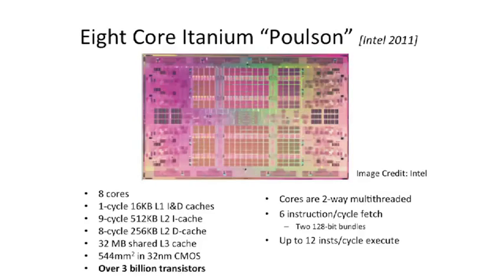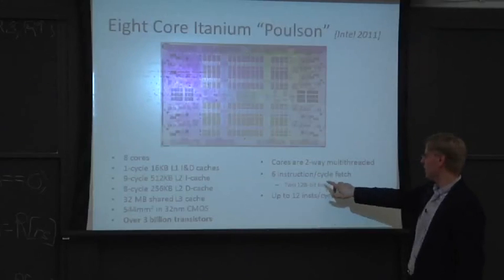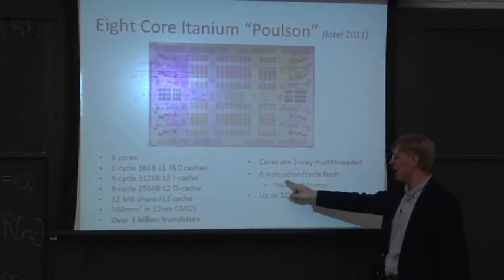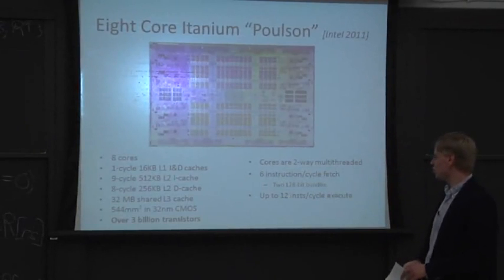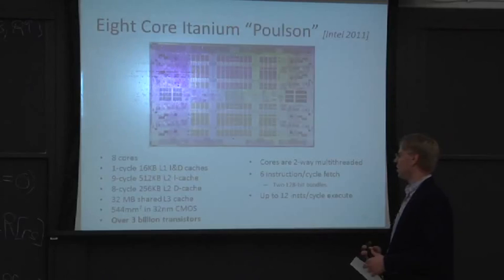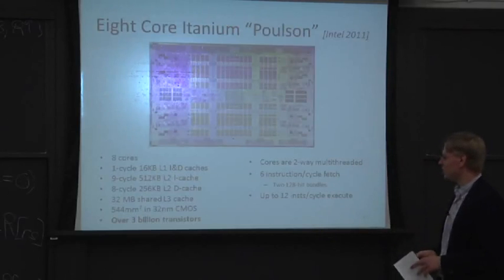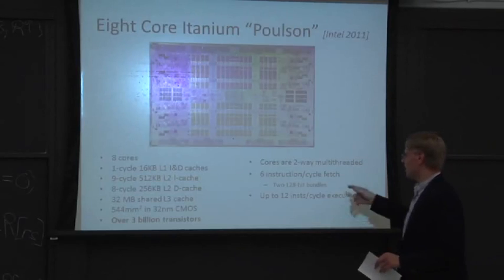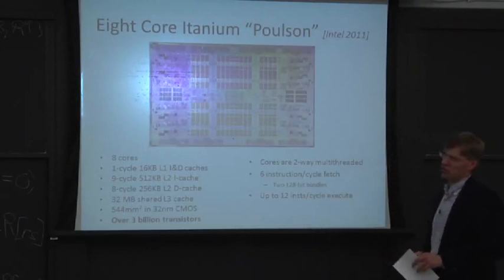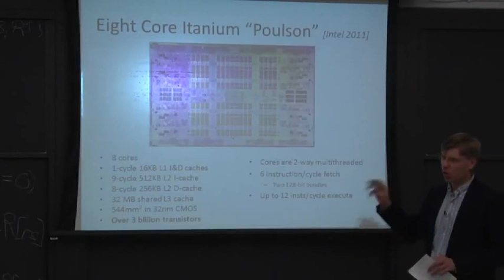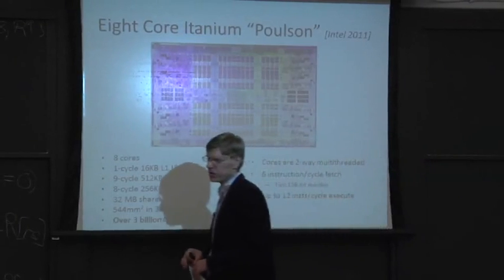But now, in 2012, standing here now, this is not used in lots of other places except for bigger mainframe-type hardware. A few interesting things here: the cores are multi-threaded, and you can fetch 6 instructions per cycle, and you can execute up to 12 instructions per cycle per core, and then there are 8 cores. So this is a beast of a machine, a very, very high performance computer.